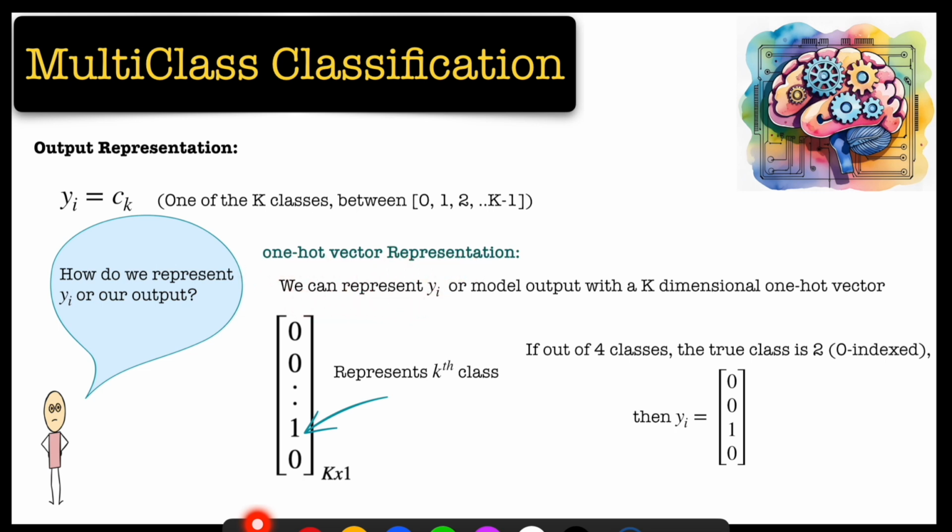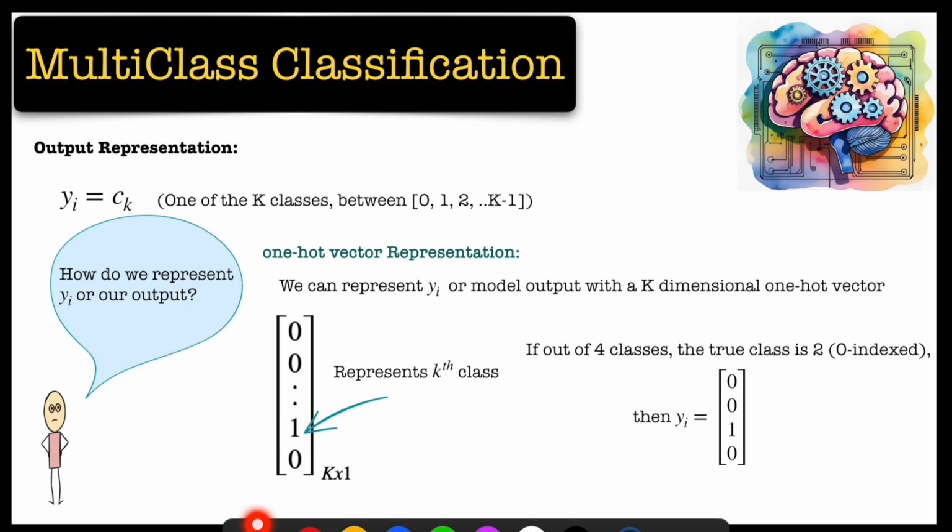The next representation, which is mostly used for model training, is the one-hot vector representation. We can represent yi or model output with a k-dimensional one-hot vector. This is a k-dimensional vector, and in one position only we'll have 1 and the rest will be zeros, and this will represent the class.